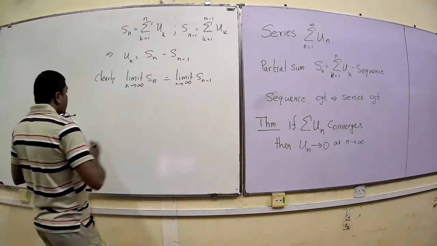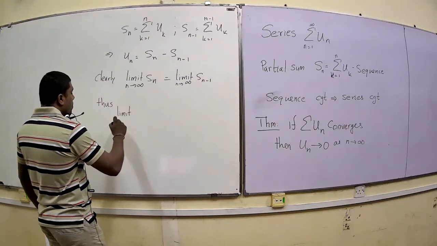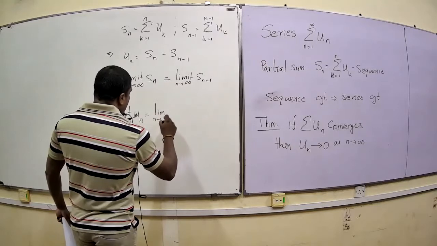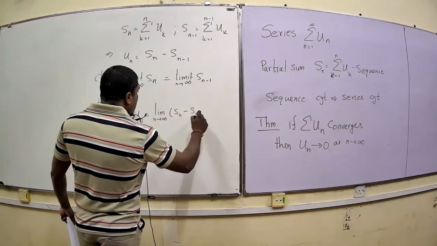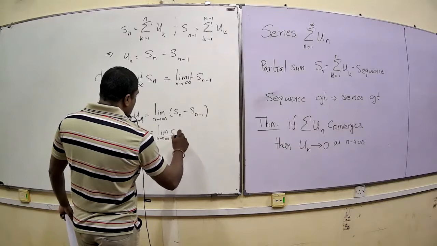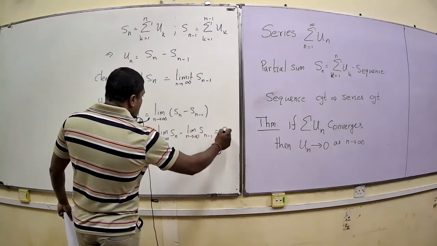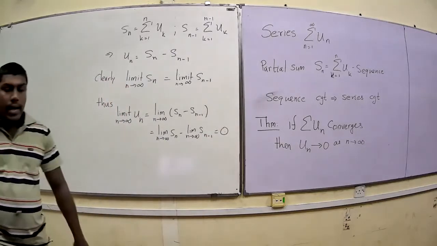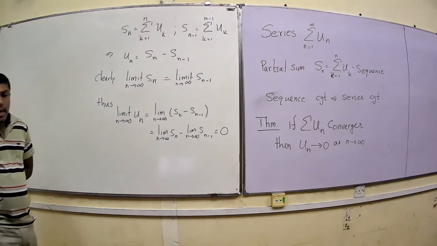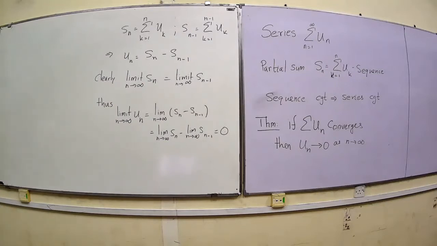So then clearly, you can see that the limit of un is the limit of Sn minus the limit of S(n-1).